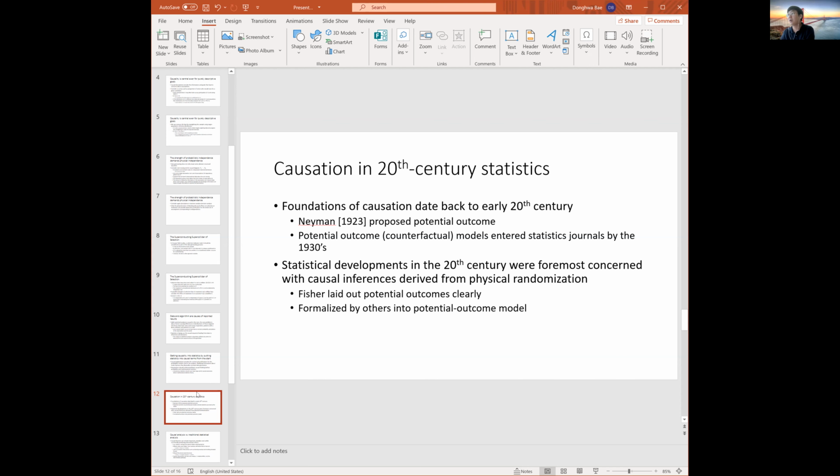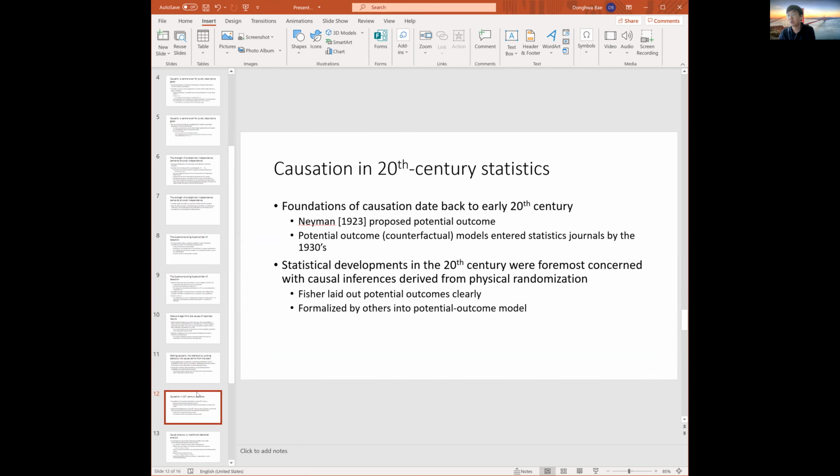Let's talk about a brief history of the causal theory. Causation in 20th century statistics. The foundations of causation date back to the early 20th century.